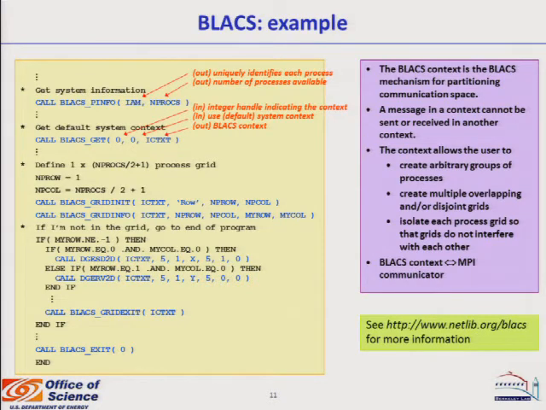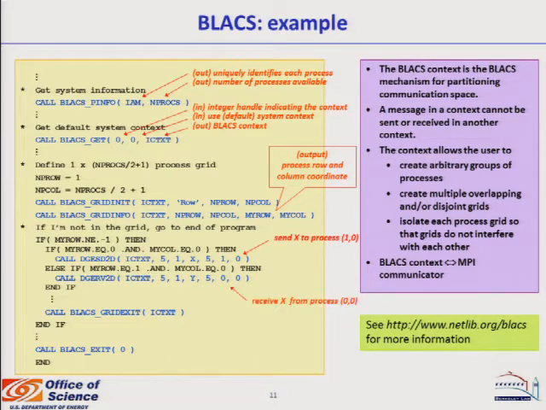So the context allows you to create an arbitrary group of processes. And depending on your application, you could play with this mechanism in order to better deal with your data and your calculations. Then what you can do is get the coordinates of the processes that you may want to use, for example, next to send and receive data around. That's what happens in there.